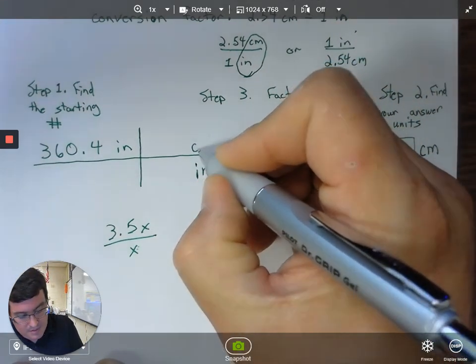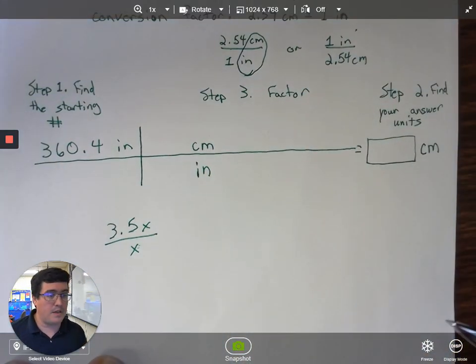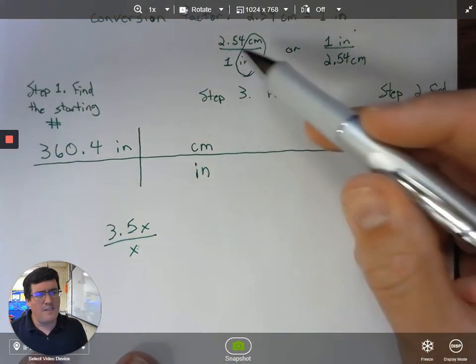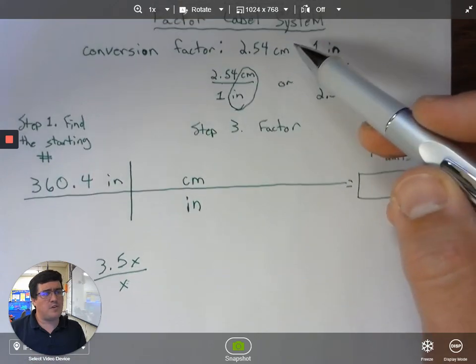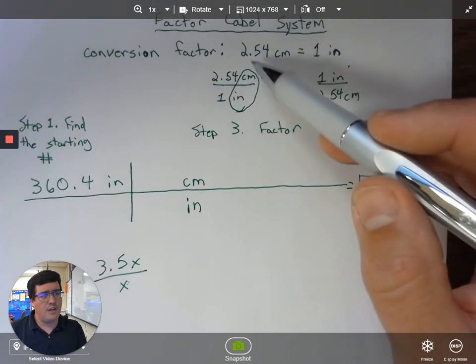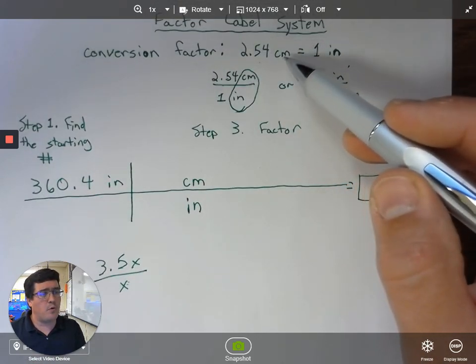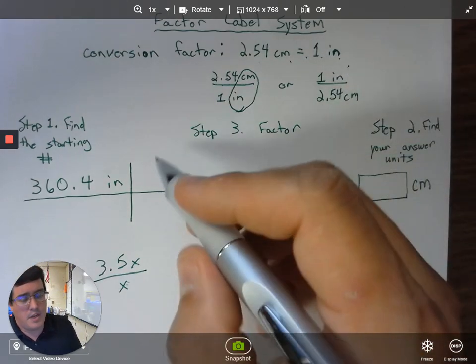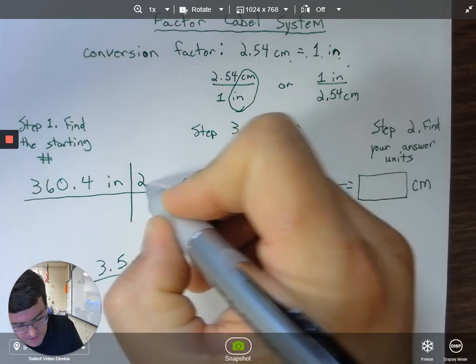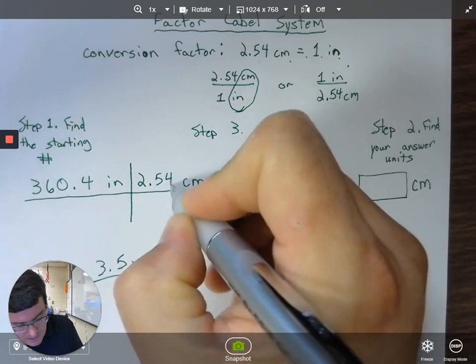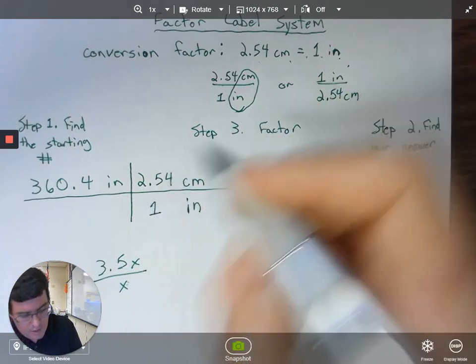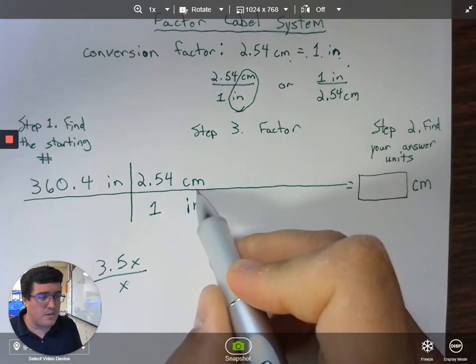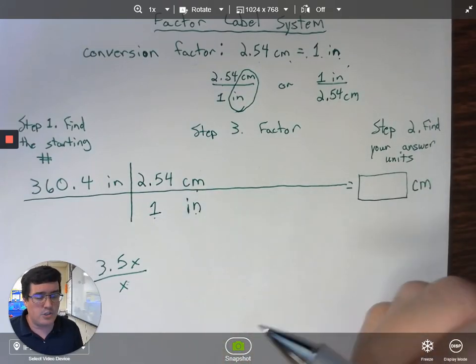We're going to put centimeters on the top right up here. And now, if you didn't happen to write this, you can always go back to your conversion factor, and you can see 2.54 centimeters is equal to 1 inch. So you're going to put the numbers in here just like you read it: 2.54 centimeters equals 1 inch.